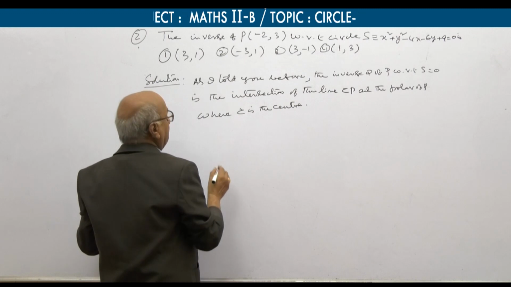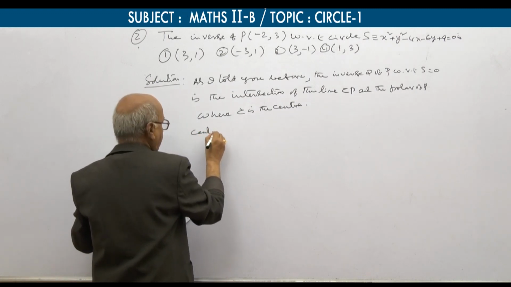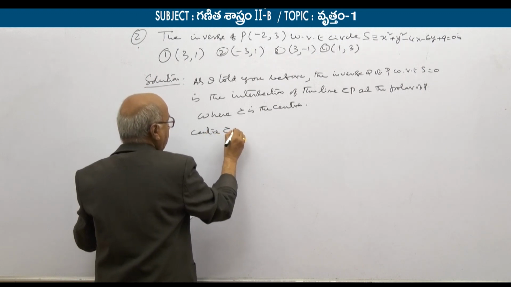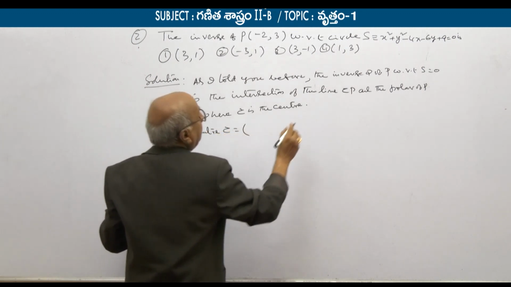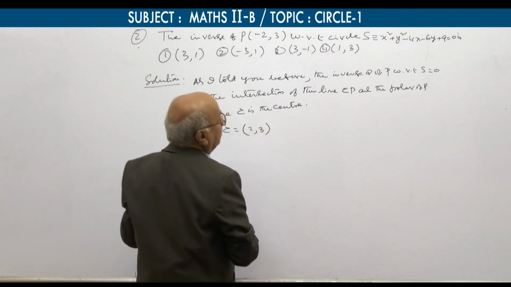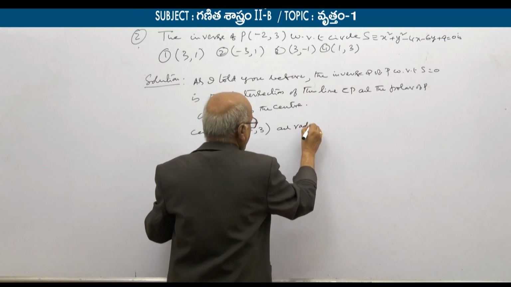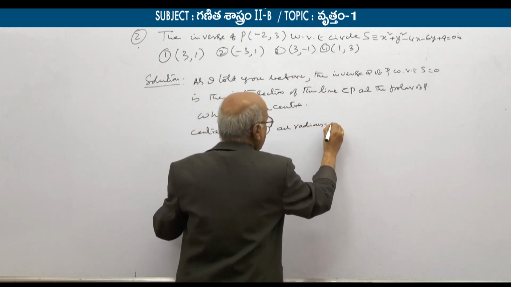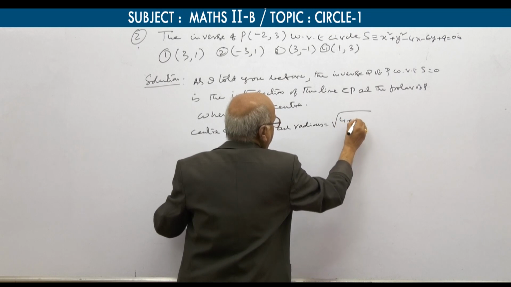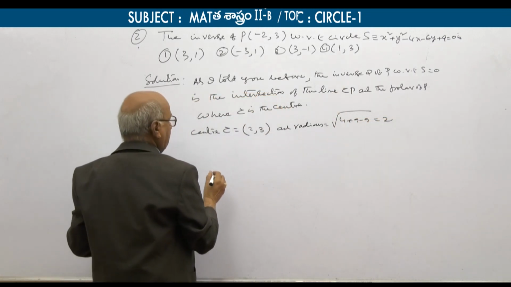Right. Now, by hypothesis, center C is equal to the point (2, 3), and radius is square root of 4 plus 9 minus 9, which is equal to 2.